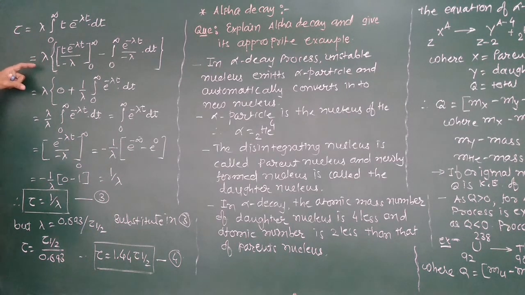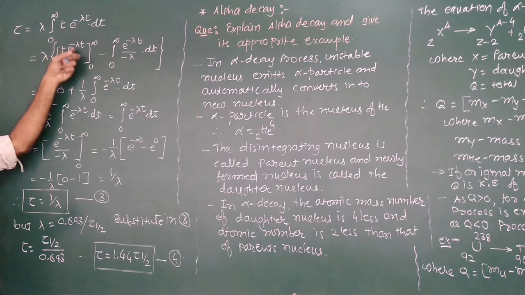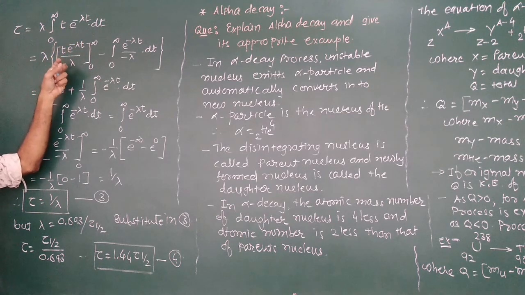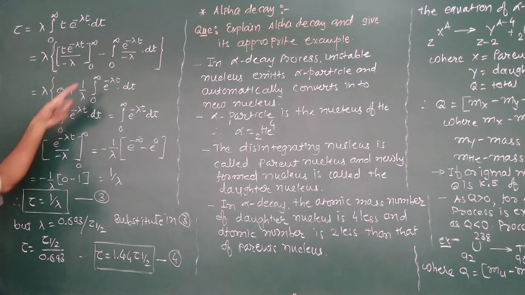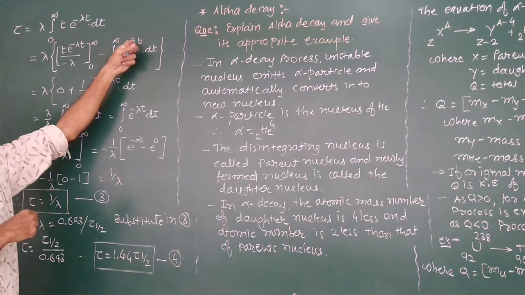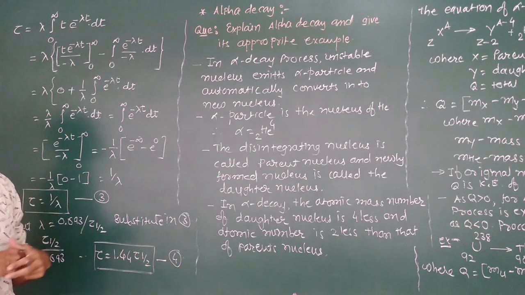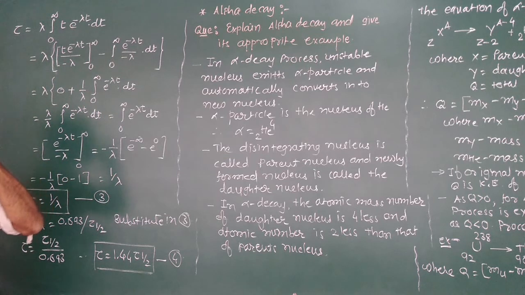Lambda is common. Therefore, t into e^(-lambda t) upon minus lambda, t as it is, integration of e^(-lambda t), 0 to infinity, minus integral 0 to infinity e^(-lambda t) upon minus lambda into dt.